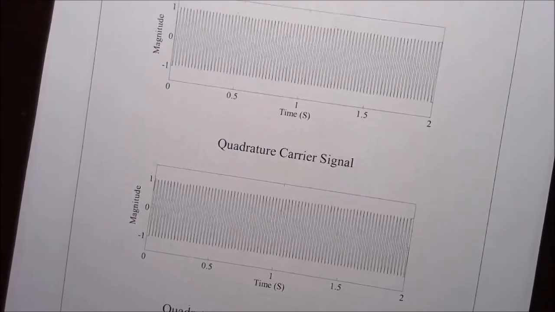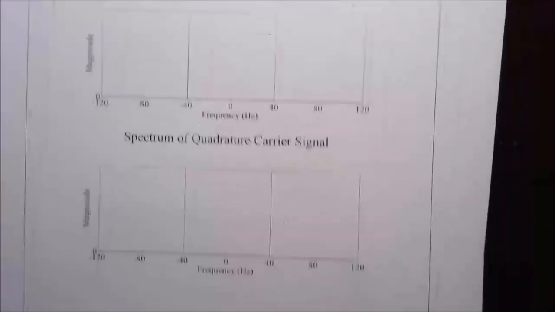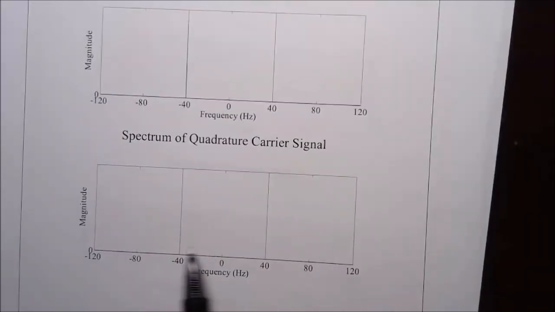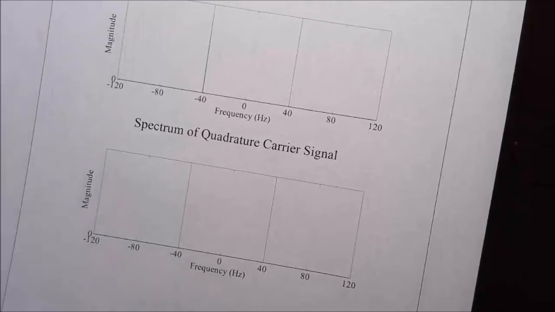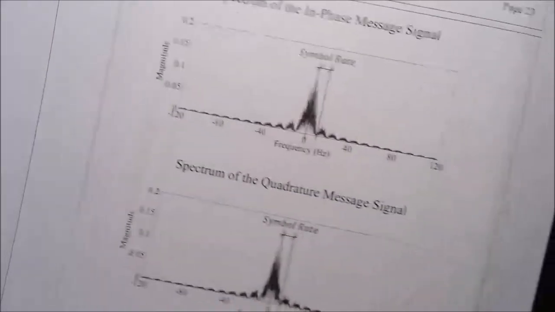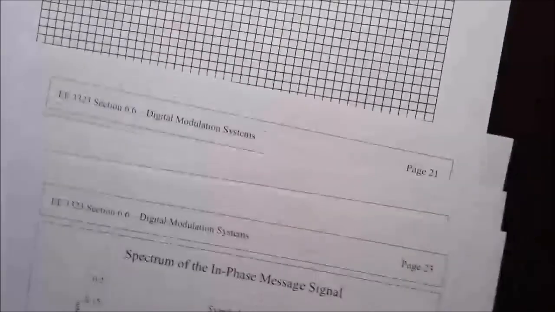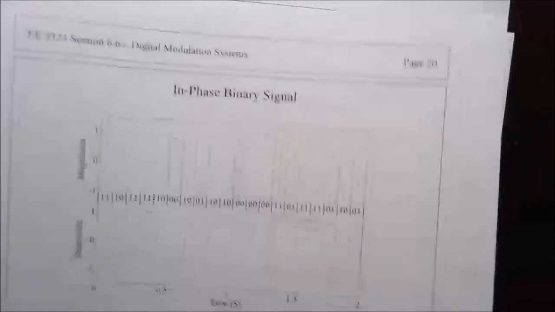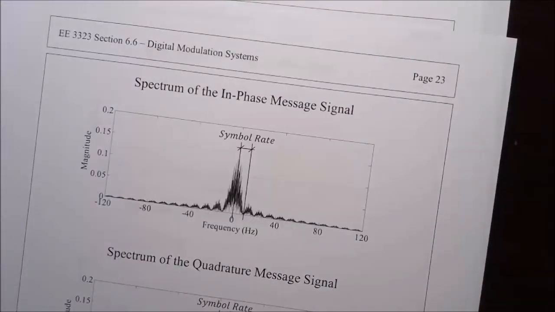The spectrum of the carrier signals, as you would expect, the magnitude looks exactly the same. Pair of delta functions at the carrier frequency. That's not very exciting to look at. The spectrum of the in-phase signal, I found this by using MATLAB, taking the Fourier transform to get this estimate of the spectrum.